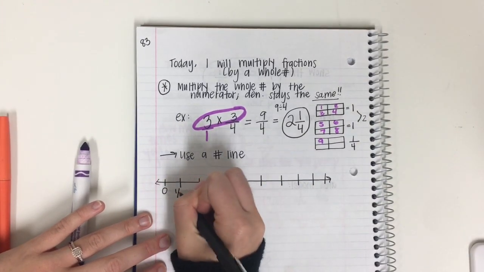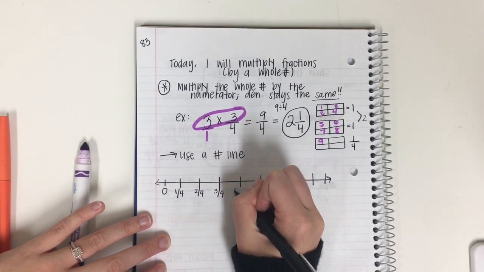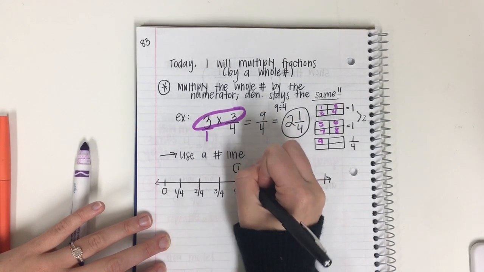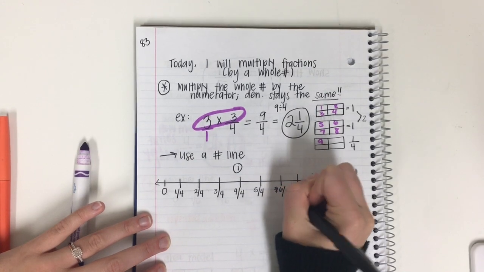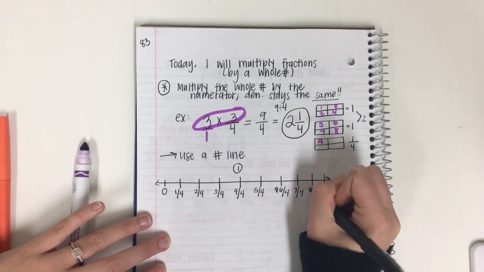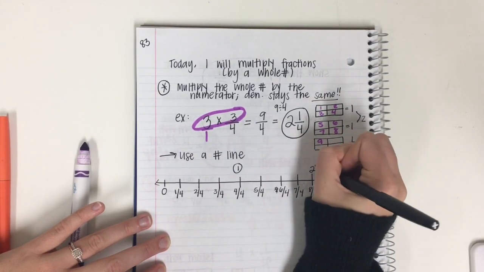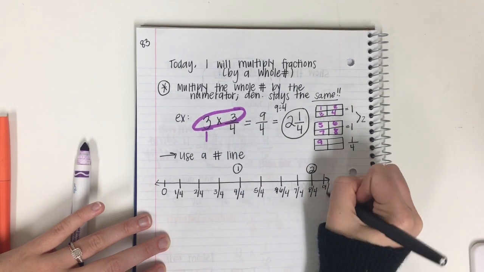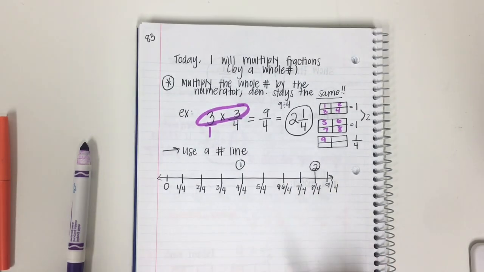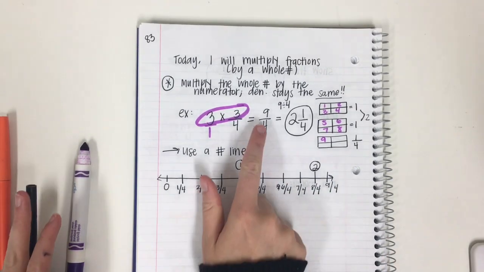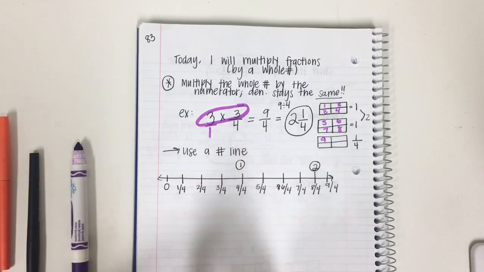So we have 1/4, 2/4, 3/4, 4/4. Oh, here's my 1. 5/4, 6/4, 7/4, 8/4. Here's my 2. Then we have 9/4. Okay, so 9/4 is definitely greater than 1, right? Anytime you have an improper fraction, you know it's going to be greater than 1 because 4/4 is 1. So anything over 4 is going to be greater than 1.